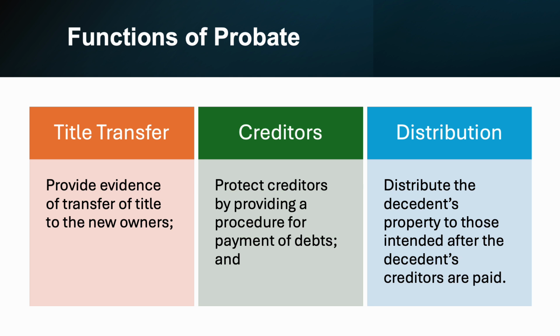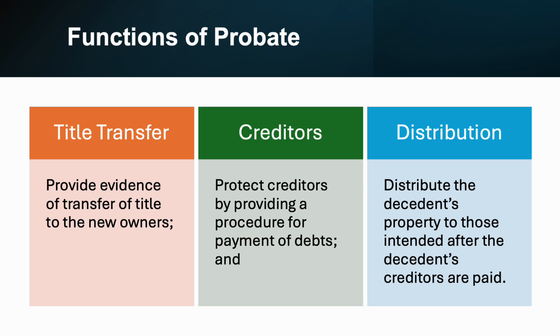Let's consider these functions in a little more depth. Probate transfers title and provides evidence of the transfer of title to the new owners. Probate also protects creditors by providing a procedure for the payment of debts before the property is distributed.